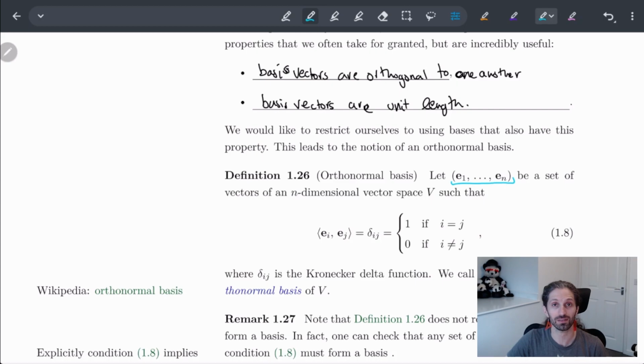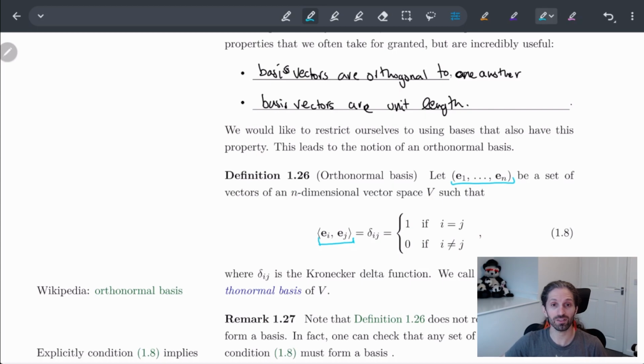Remember, the number of elements in the basis gives us the dimension of the vector space. We're also going to use the inner product, which has linearity and a few other properties: symmetry, linearity, and positive definiteness.